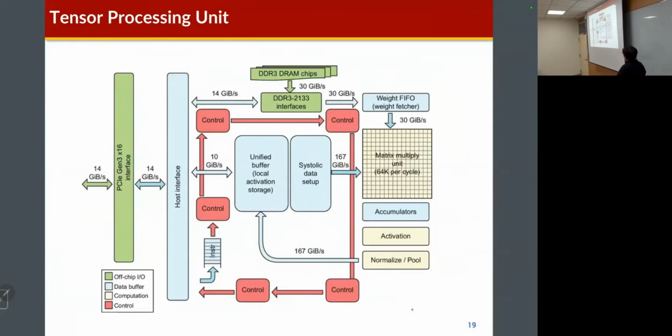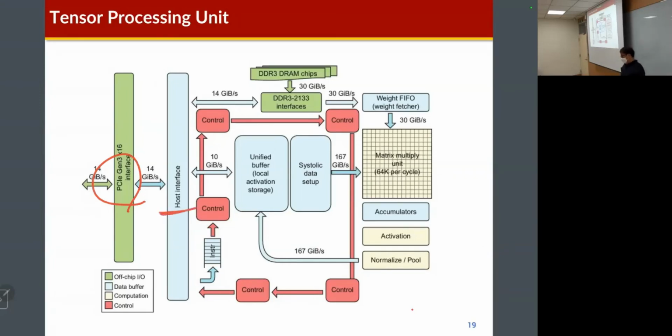Then this is the architecture of the TPU, and as you can see, this architecture is different from the architecture of general purpose processors. TPU has this PCI interface. As I mentioned, the TPU is connected to the host via PCI bus, which means the TPU has the host interface.